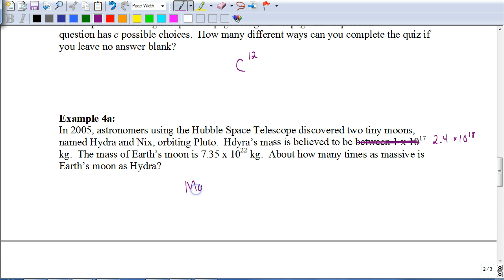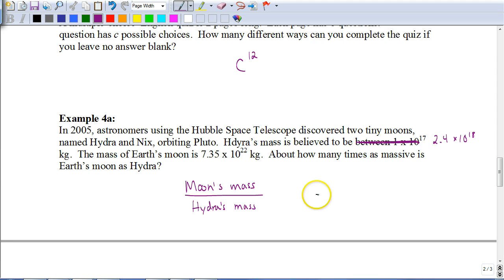So we're going to take the Earth's moon divided by Hydra's mass, and that'll tell us how many times larger our moon is than Pluto's moon, Hydra.